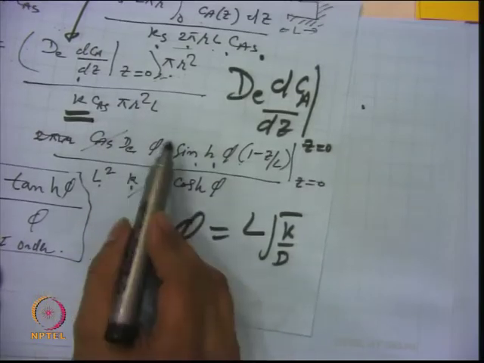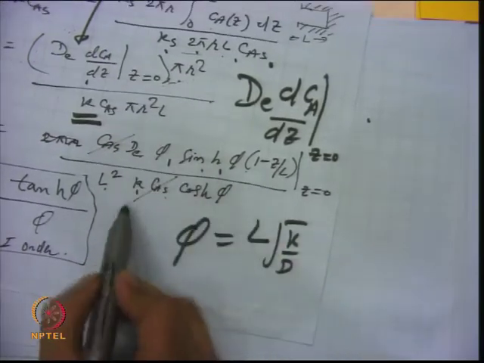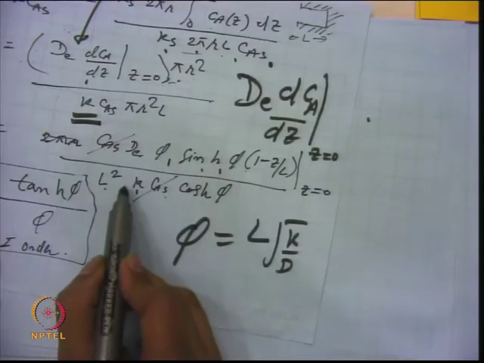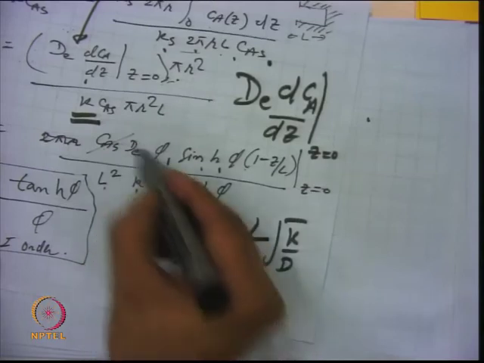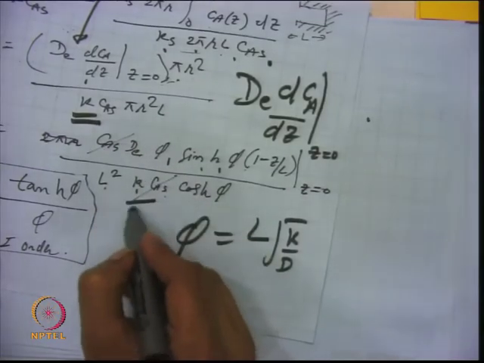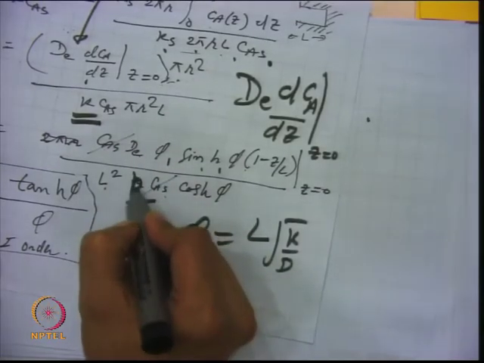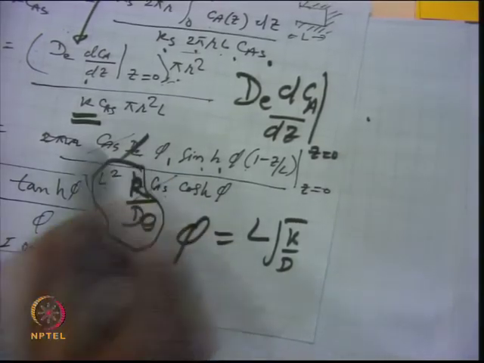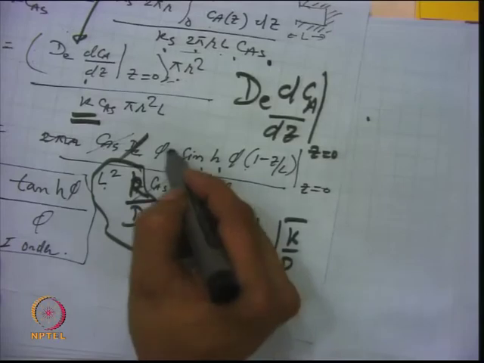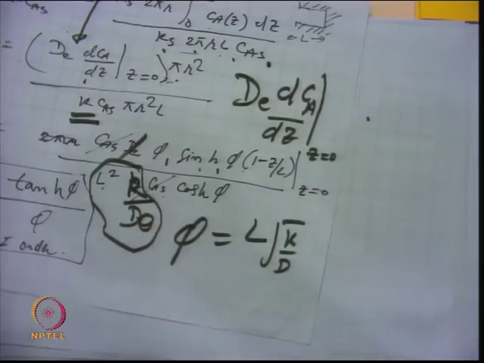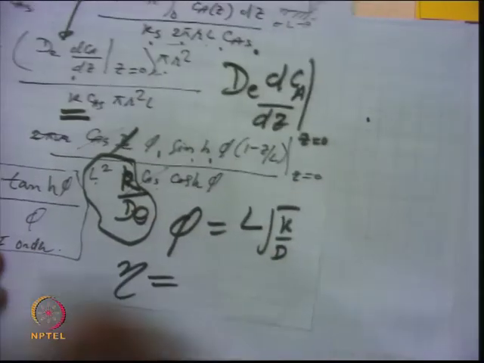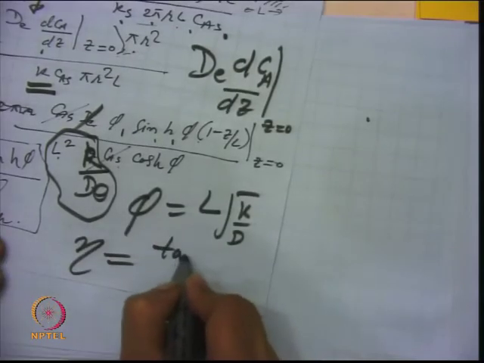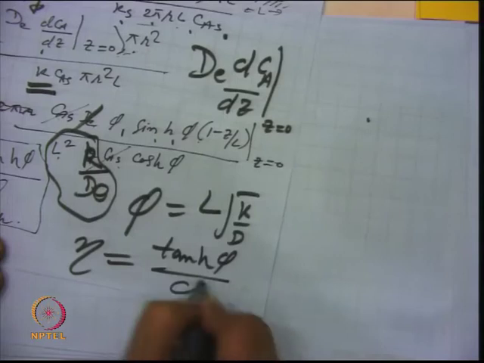So this is your phi square, with L square k by D in it. So phi divided by phi square, and your effectiveness factor for a cylindrical pellet or for a pore is tanh phi divided by phi.